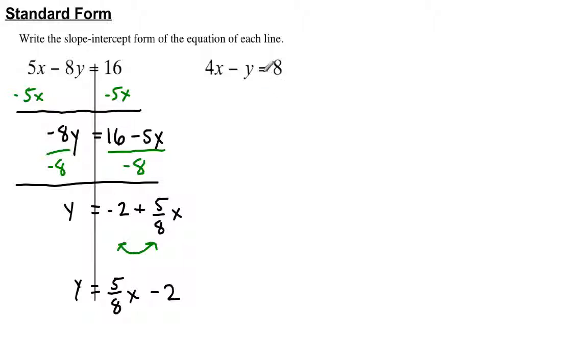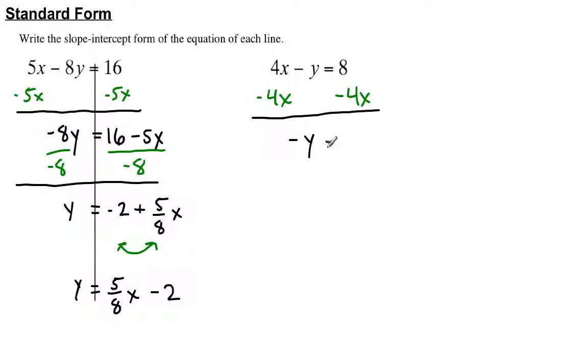Again, what we want to do here is transform this so we get y equals something. We start by subtracting 4x from both sides. Minus 4x, minus 4x. And we're left with negative y is equal to 8 minus 4x.